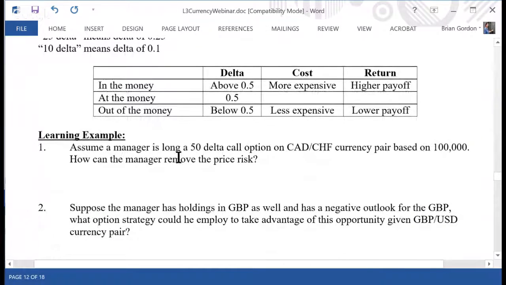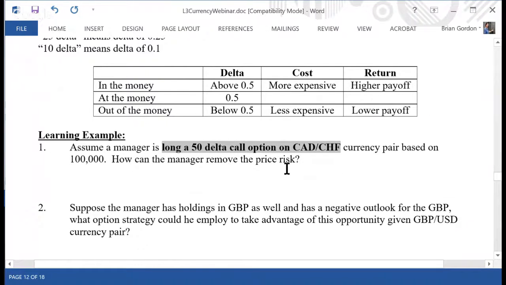Let's assume we have a manager that is long a 50 delta call option on the CAD per Swiss franc currency pair. So first of all, what does this mean? We're long a call option. So how can we remove the price risk? Forget about what 50 delta means.